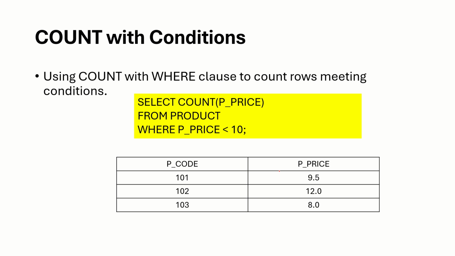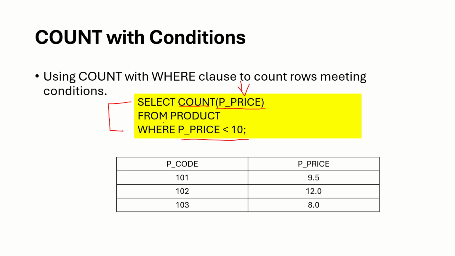If we're trying to add some condition, for example, we're trying to count how many products have a price less than 10, we will do the same thing right here. Select count and put the price right there, because we're trying to know how many prices are less than 10.